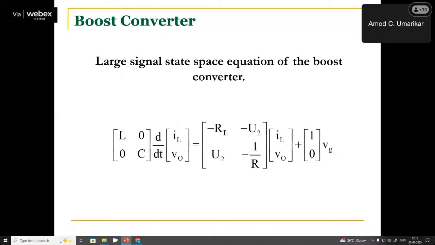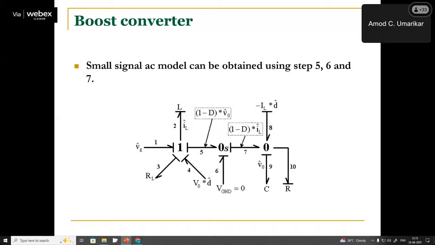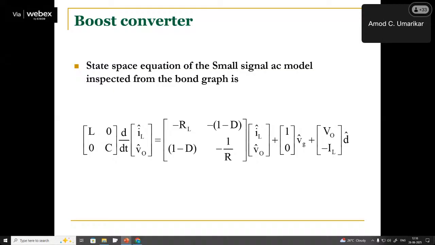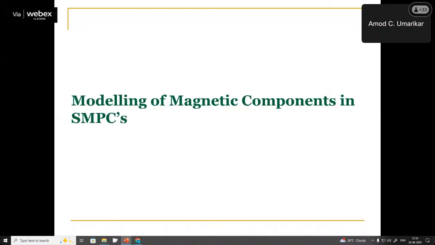This is the large signal model. This is the large signal state space equation. Then you can average it on the bond graph itself. This is the average model, the steady state model. Or no, this is the small signal AC model. So you can obtain the small signal AC model as well. I'll skip the DCM case.